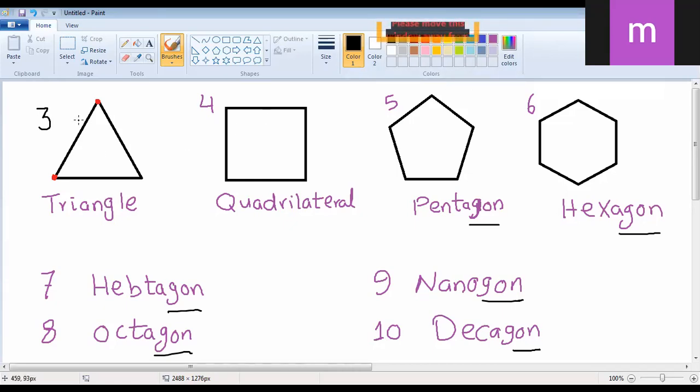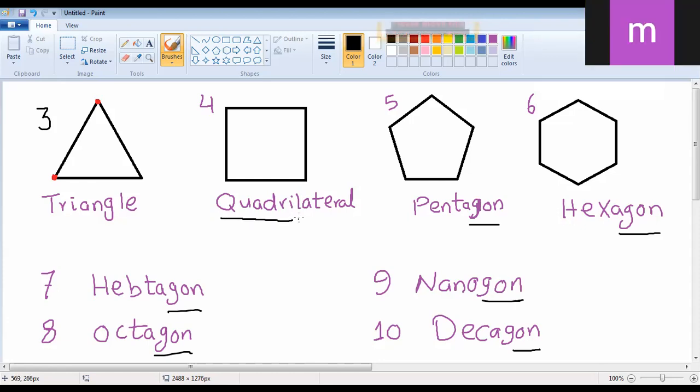Osama, if we have 3 sides, what is the name? Triangle. 4 sides? Quadrilateral. Say it again.